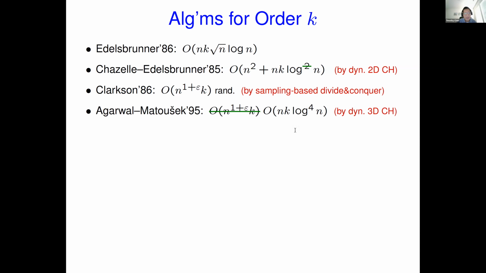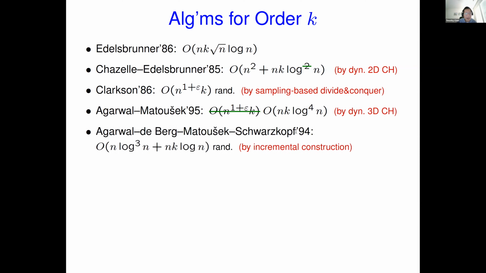Okay. But an even better algorithm was proposed by Agarwal, de Berg, Matoušek, and Schwarzkopf. There they suggested a randomized incremental approach, and they got n log n plus nk log n. Okay, so the idea is to insert input points one at a time in a random order and maintain some superset or neighborhood that contains the k level.